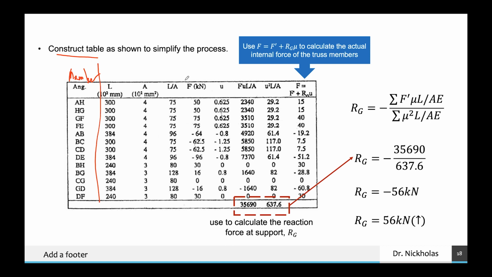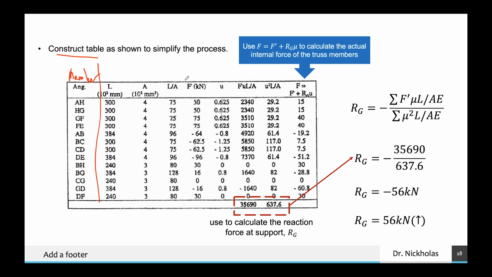This is the F prime that we calculated, based on the actual force after removing the redundant external force. And this is the unit force, the internal force due to the 1 unit force applied at the redundant external force. Then we perform this calculation, and use this formula to calculate this.